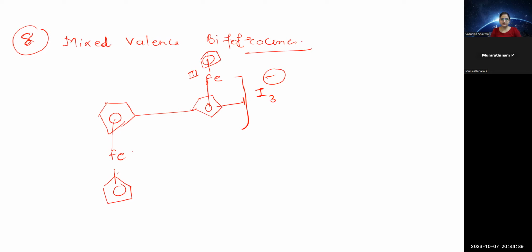These kinds of systems, where one iron is in +2 and the other iron is in +3, are called mixed valent. One case could be that we have iron 2 and iron 3, one is ferrocene and one is ferrocenium.